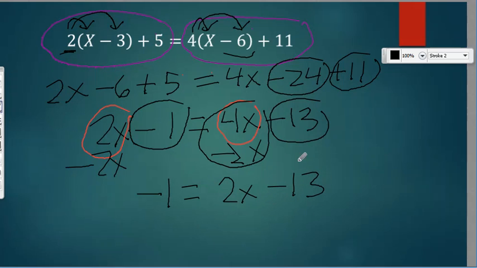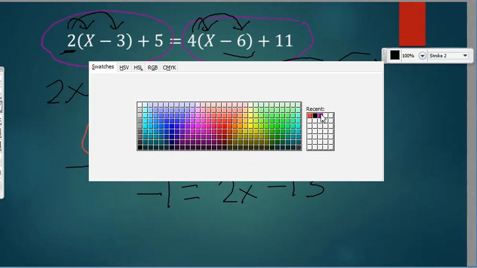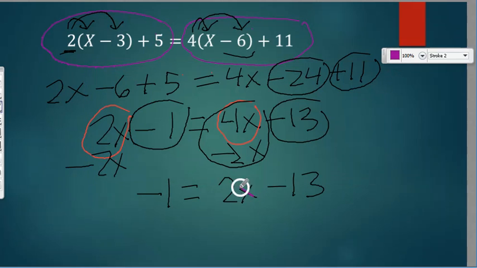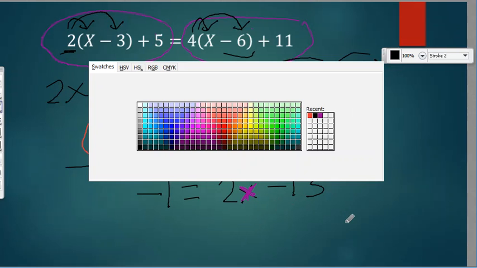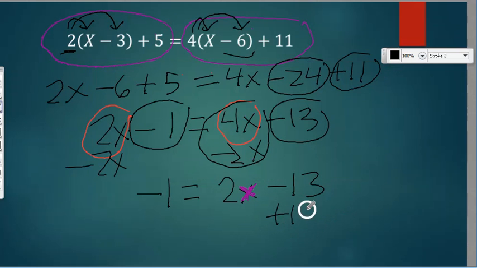So from there, all we have to do now is solve for the x. Once you get the two terms that have the same variable on the same side, you're just left with a two-step equation. So we're solving for this x. To get the x by itself, we need to get rid of the subtract 13 by adding 13, which gives us 12 equal to 2 times x.